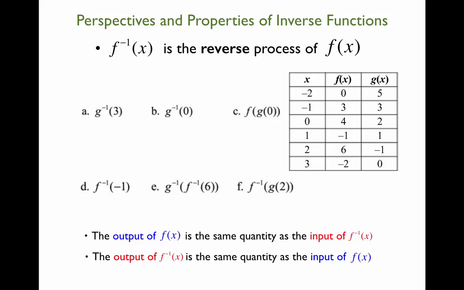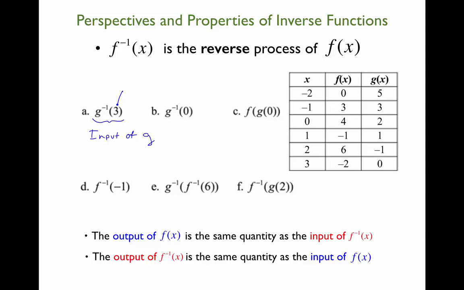Let's just do the first one together. So g inverse of 3, how does that relate to the function g? It's not the output of g. That's why we practice it. This is the input of g. Three is the output of g.